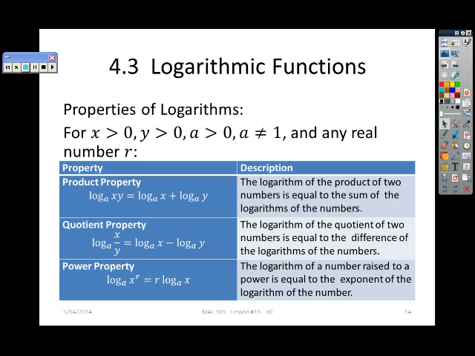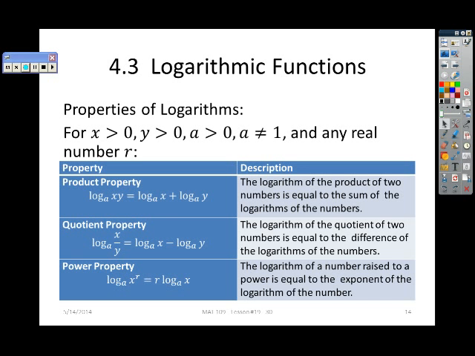There's a product, quotient, and power property. If you think back to exponents, you had a product, quotient, and power rule for exponents. Logarithms are exponents. So we have the product, quotient, and power property for logarithms.